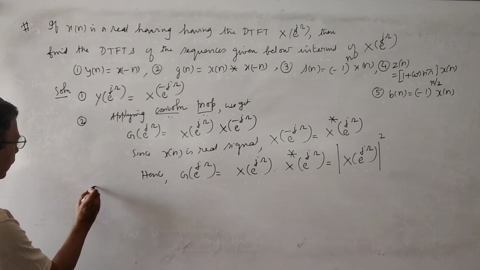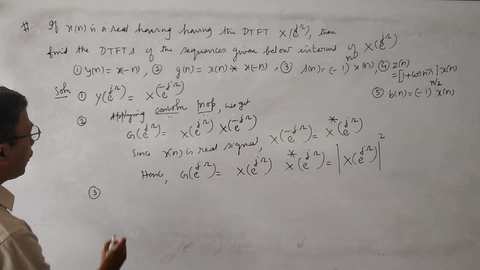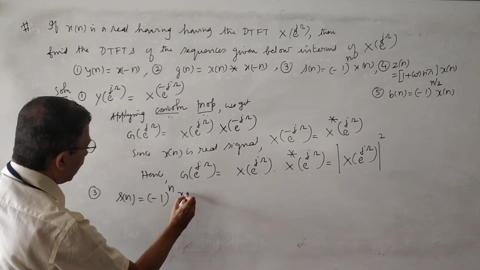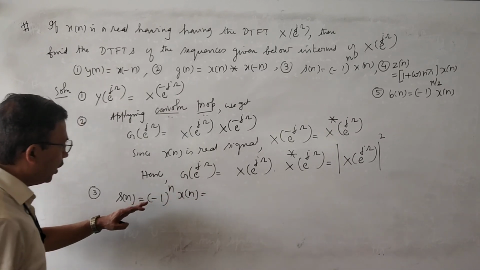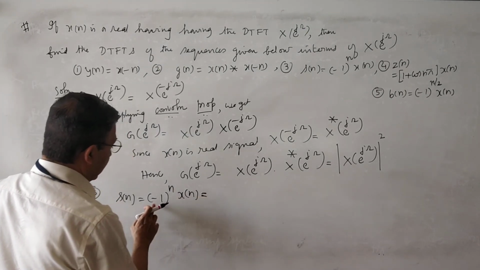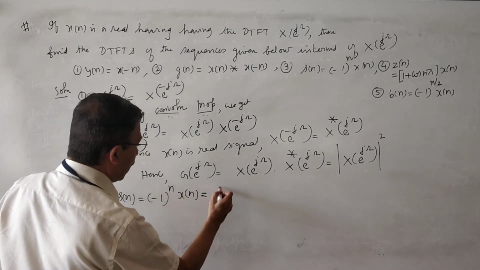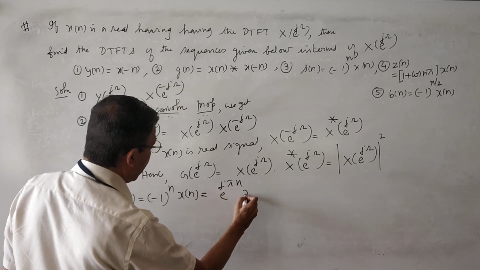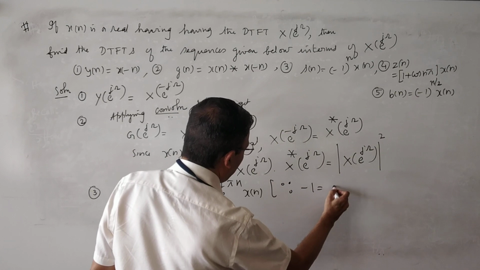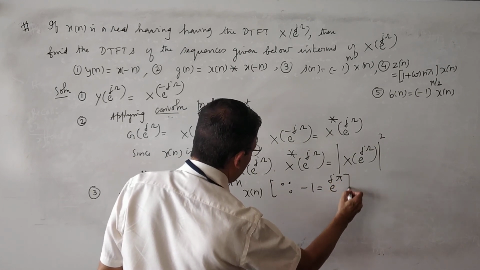Third one, s of n is equal to minus 1 to the power n into x of n. Minus 1 is what? E to the power j pi. This becomes e to the power j pi n into x of n, because minus 1 equals e to the power j pi.